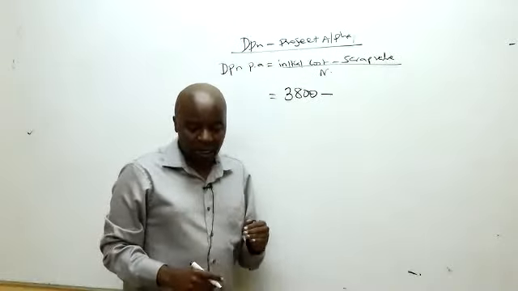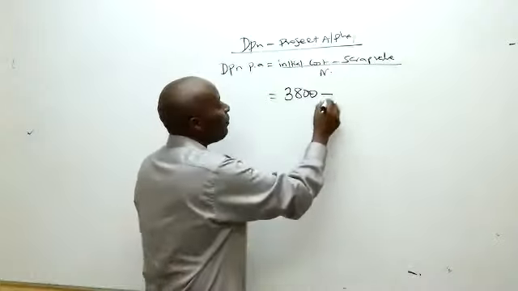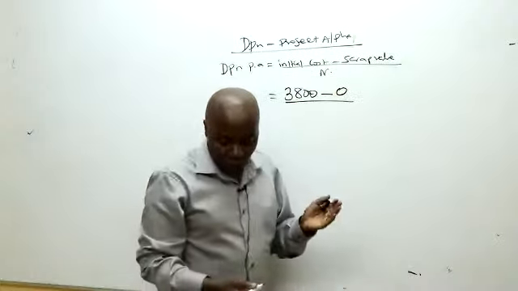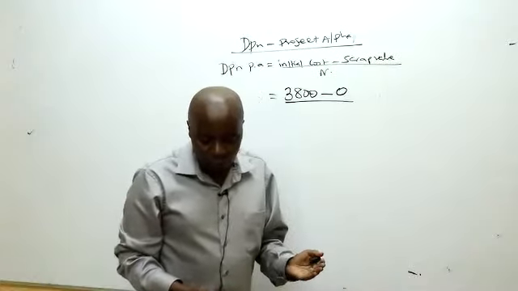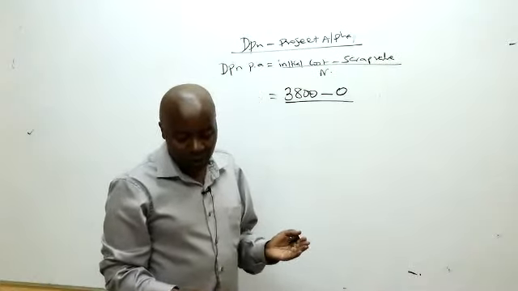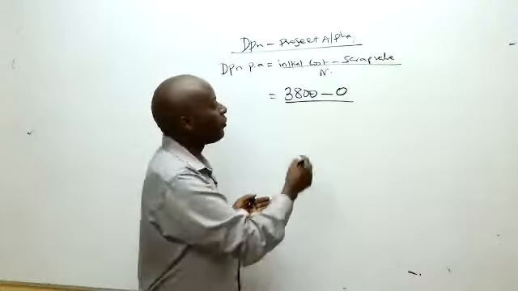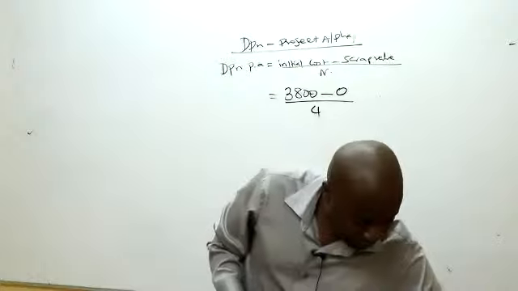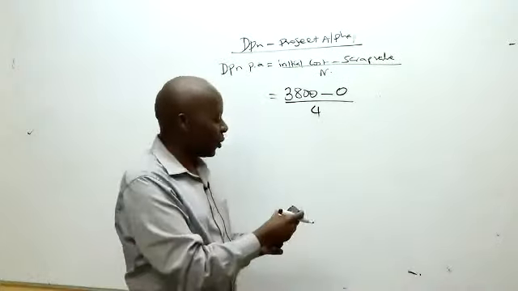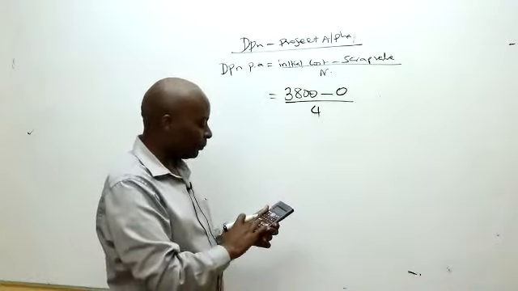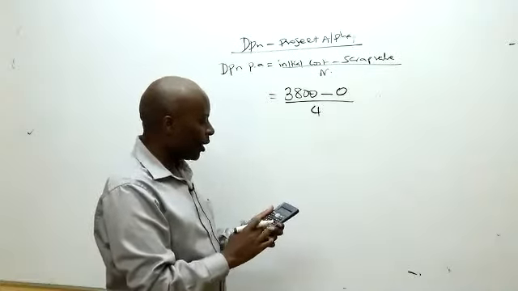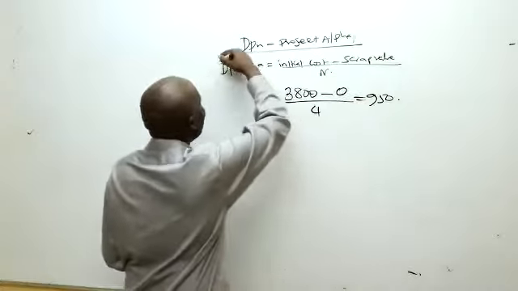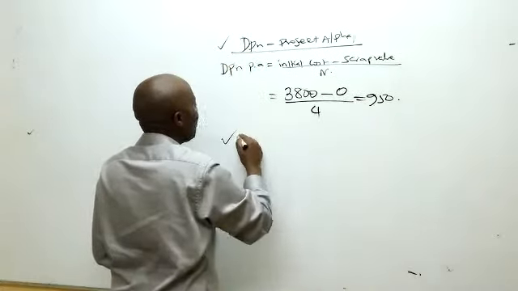Both projects have a zero salvage value, so scrap value is 0, divided by n, the project's lifespan in note 1, which is 4 years. So 3,800 divided by 4, giving us 950.